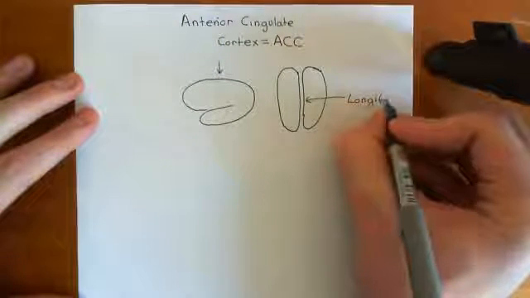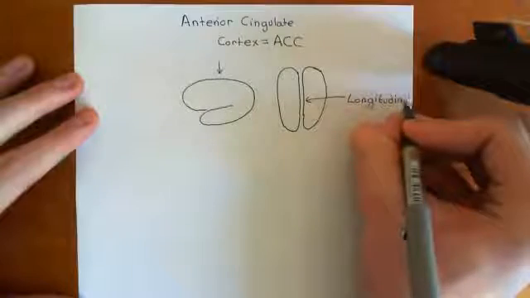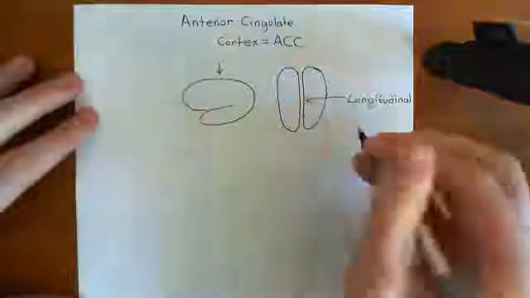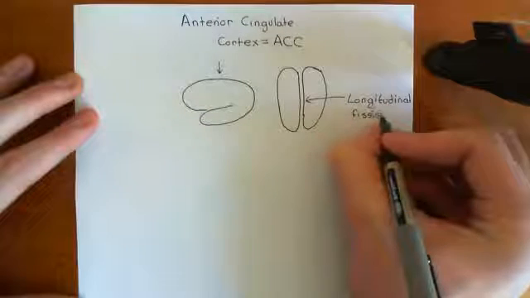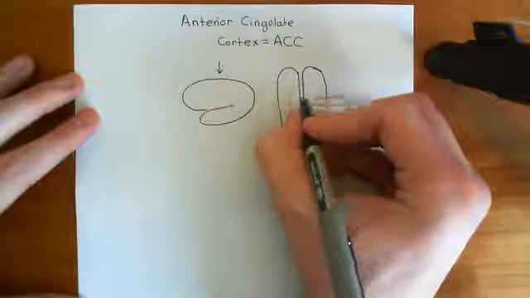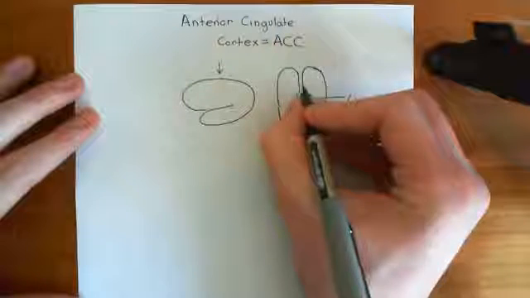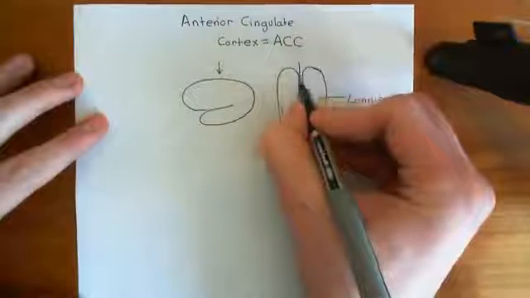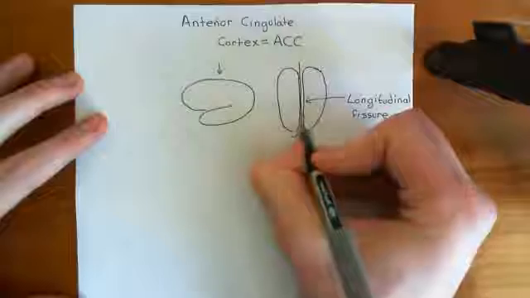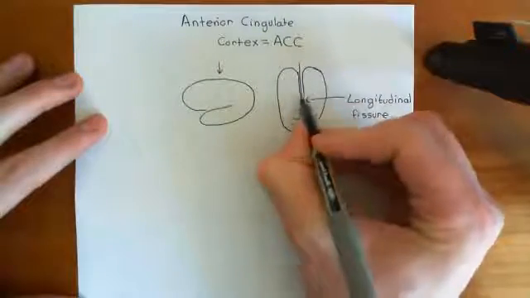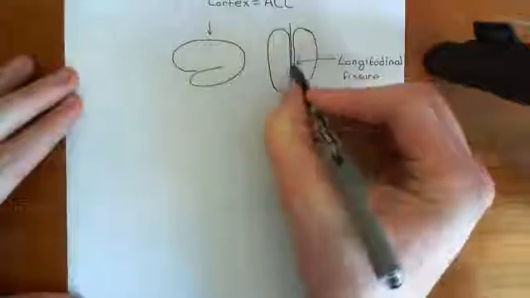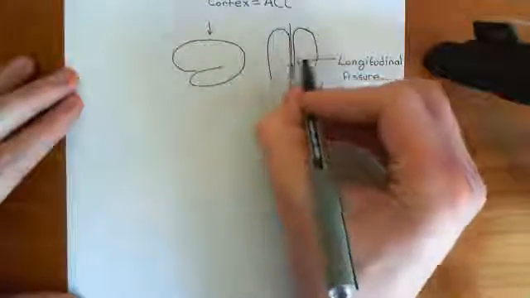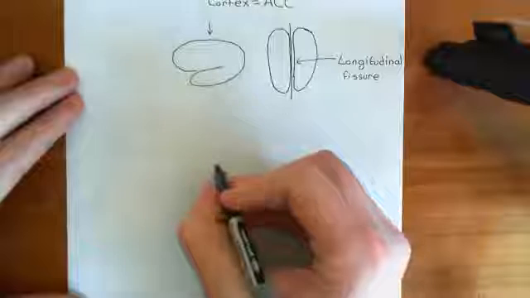Okay, what we now want to do, if we want to find the anterior cingulate cortex, we have to put our fingers down this longitudinal fissure and basically have a look at what's inside, what faces into the longitudinal fissure. So basically what I'm going to do is now take a sagittal section. I'm going to cut right between the two hemispheres, and then we'll be able to see the anterior cingulate cortex if we view the cross section, basically.